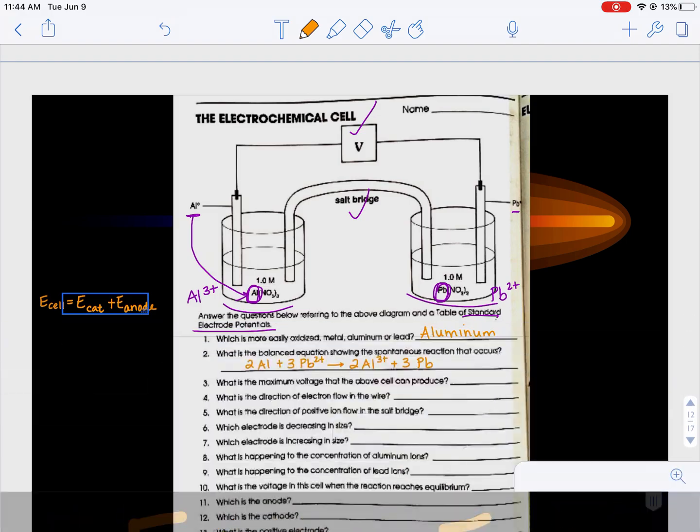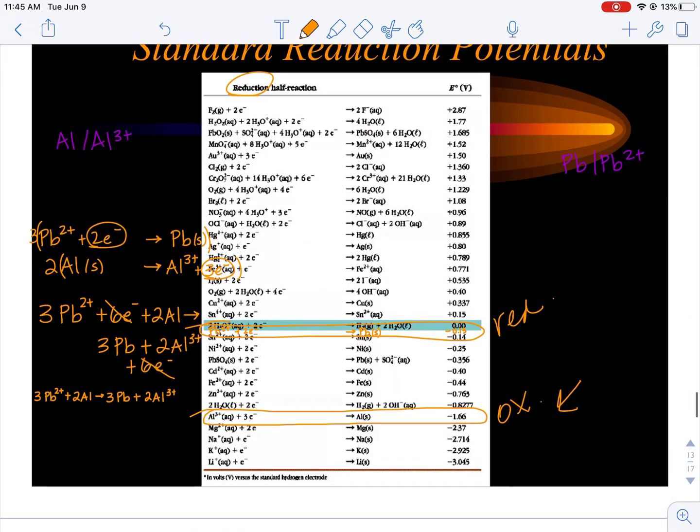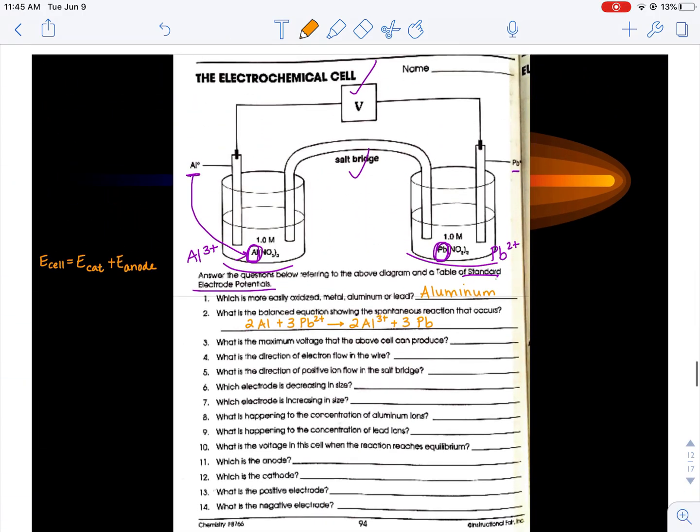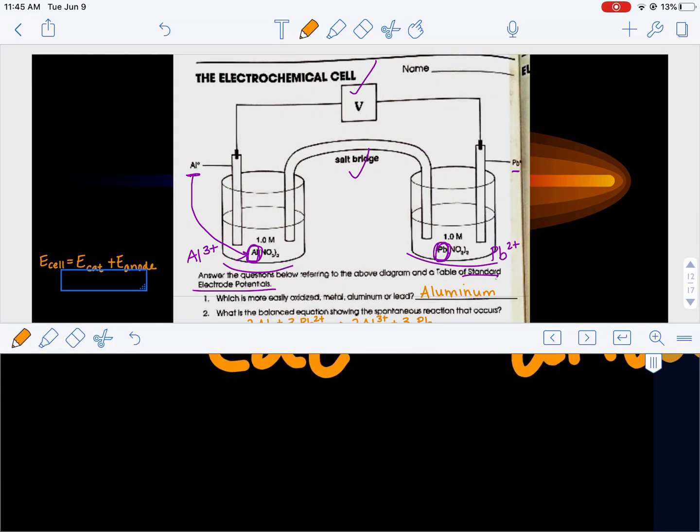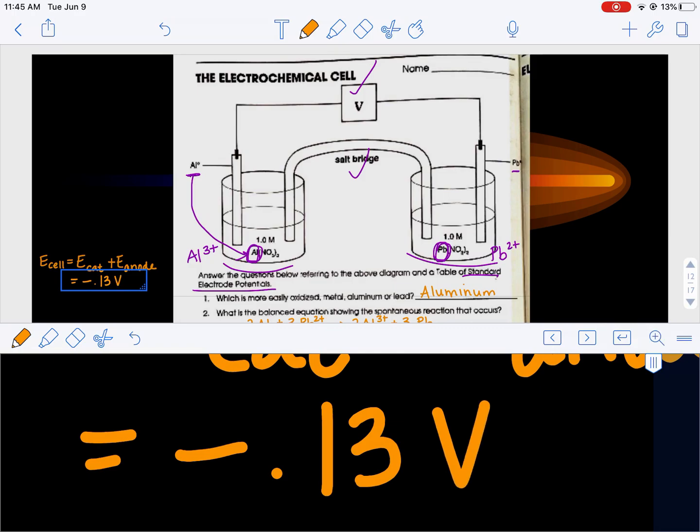Red cat, reduction takes place at the cathode. We had said that the lead would be reduced, so the value is negative 0.13 for the reduction. Negative 0.13 volts is our cathode.